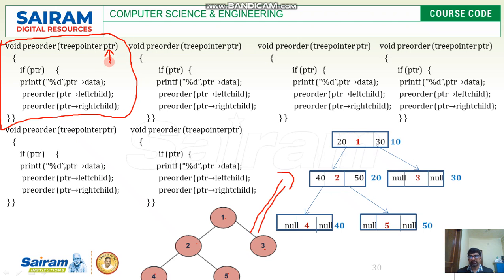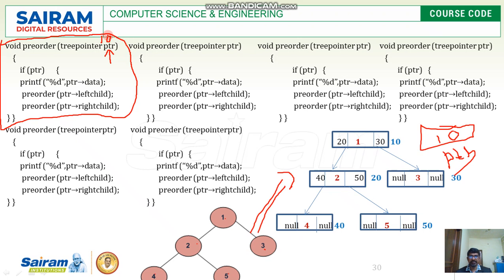This ptr gets the address of the first node. So I'll take a variable called ptr. And what is ptr? ptr gets the address of the first node. What is the address of the first node, which is 10? So for this recursive function, ptr is 10.